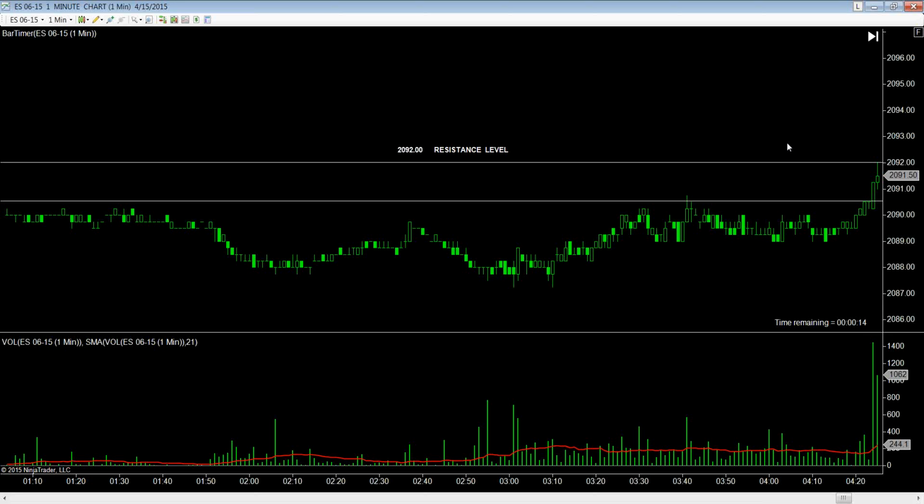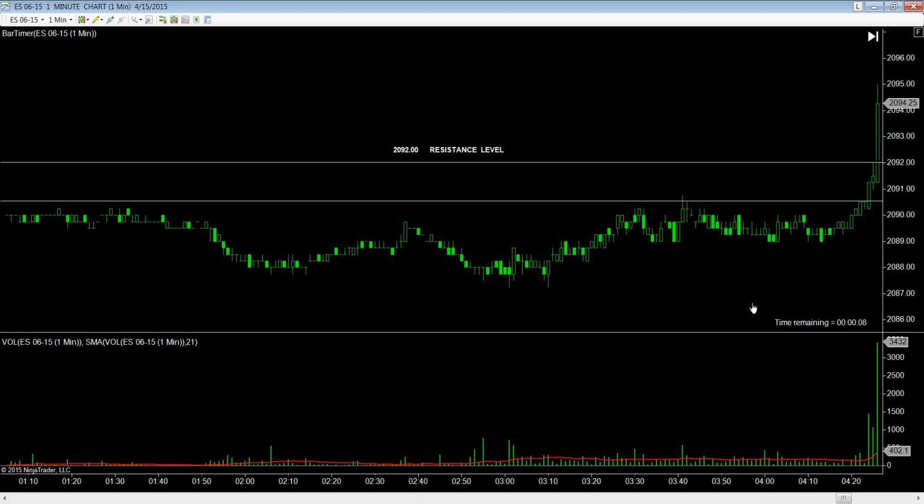So here we are looking at the level that's been tested but not followed through. And on the very next bar, there you have it. There's your fill right at 20.92 and 25, and prices have moved all the way up to a high within 1 minute's time at 20.95.